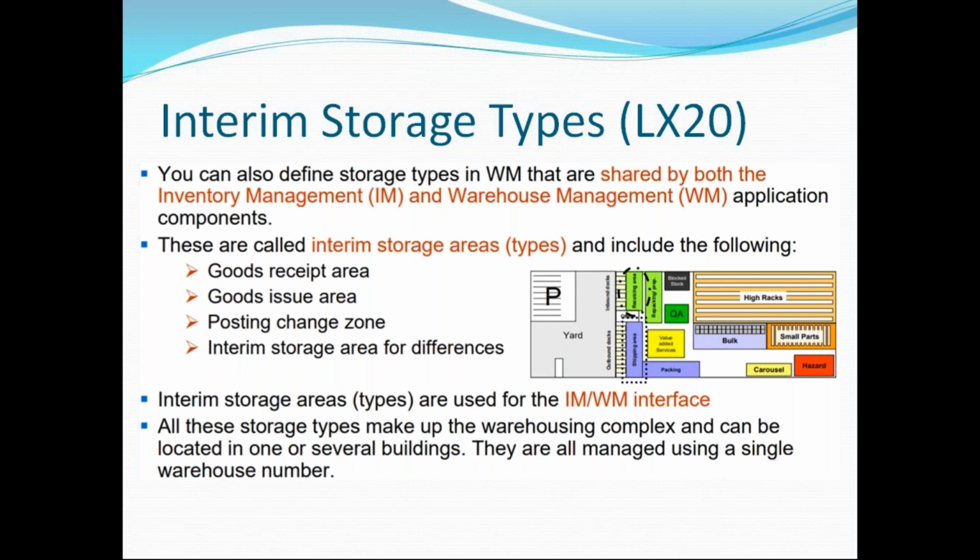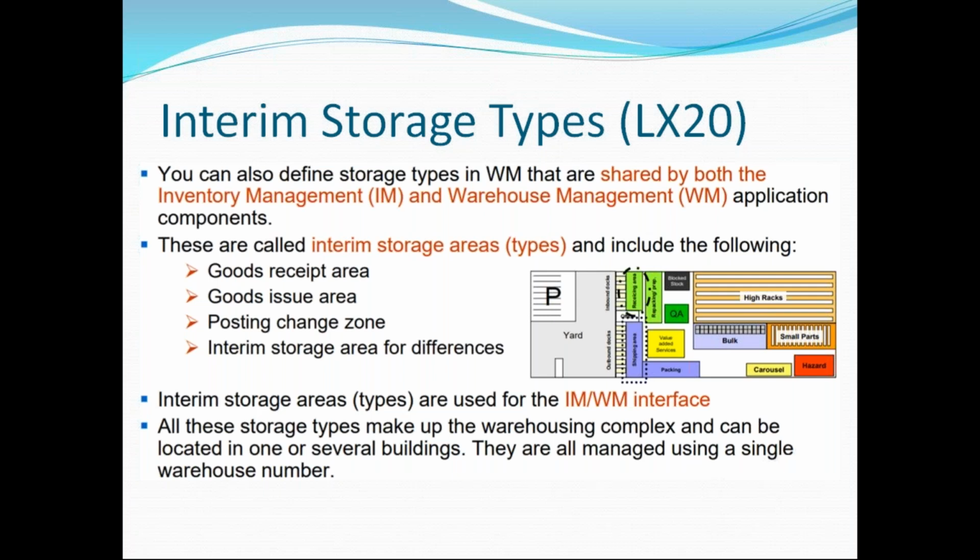In order to integrate the IM transfer posting with the WM, we have the posting change zone. So when the material is moved from unrestricted to quality, it will come onto the posting change storage type. Then from there it will move on to the next storage type. That means if it is unrestricted to blocked, it will first move from unrestricted to the interim posting change zone storage type, then from the interim posting change zone to the blocked storage type.